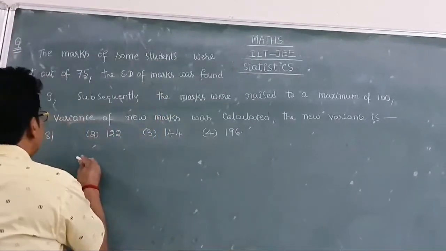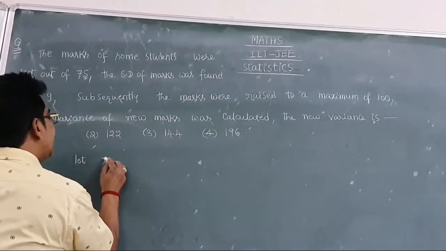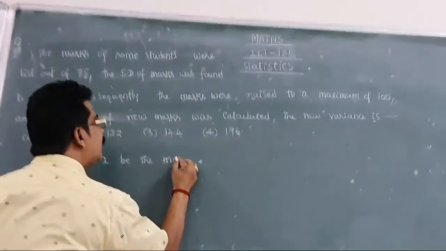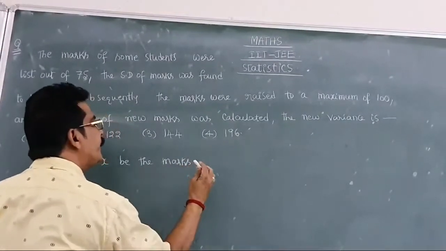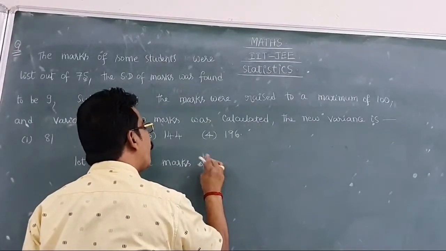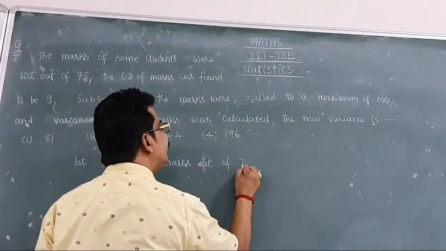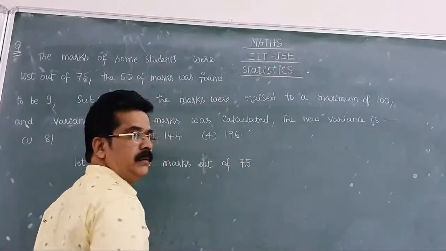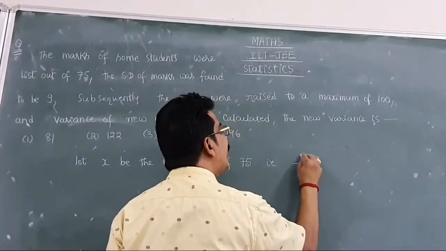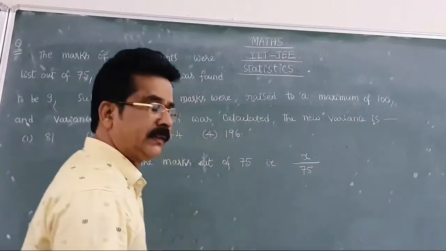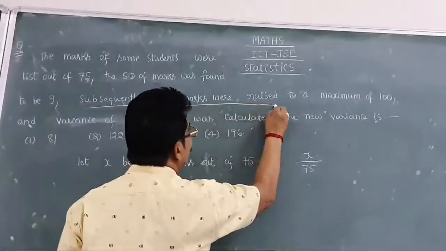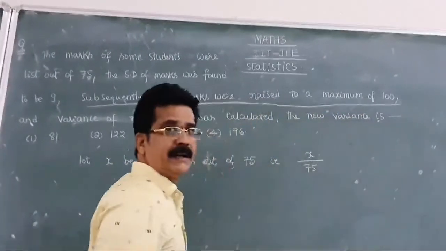Right. Let x be the marks out of 75, he got x marks out of 75. Subsequently, the marks were raised to a maximum of 100.